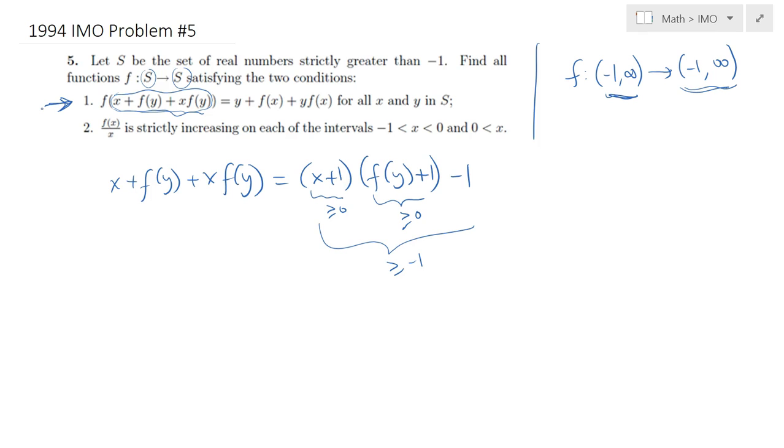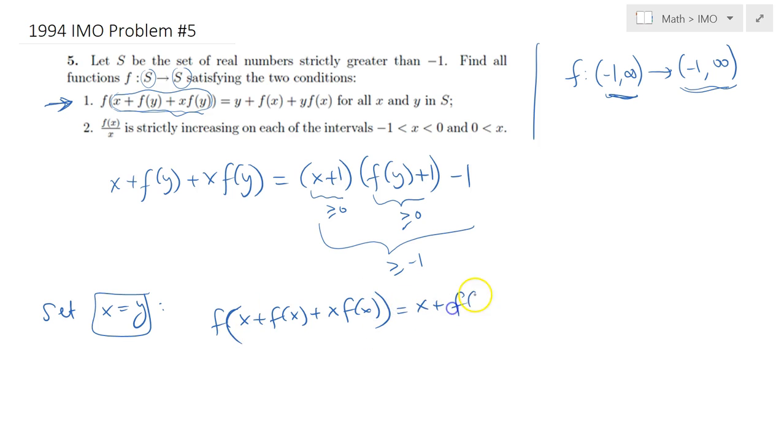Now, because it's a functional equation type of problem, we need to test different values. Let's first replace y with x. Then we get that f of (x plus f of x plus x f of x) is equal to x plus f of x plus x f of x for x in -1 to infinity.